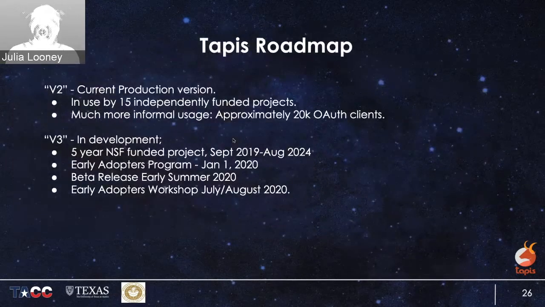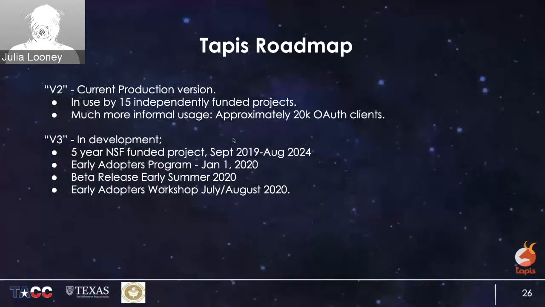So as far as the Tapas roadmap goes, right now we have our V2 version in production. It's currently being used by quite a few people, and our V3 is still currently in development, and this is the one that we just got our grant for back in September.